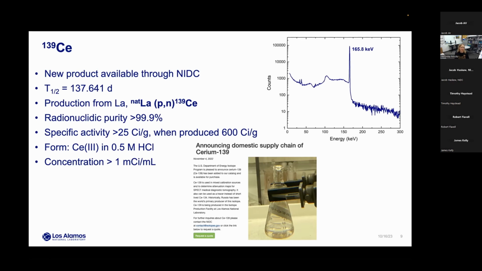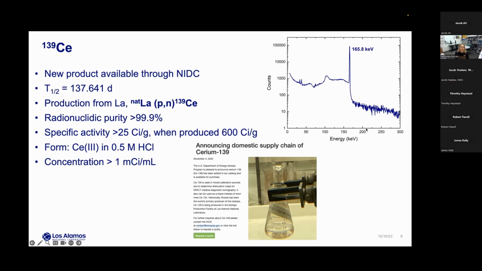We produce it exactly the same way as cerium-134, only we come in at much lower energy for production. It's a p,n reaction, and you can see the final product, what the spectrum looks like.